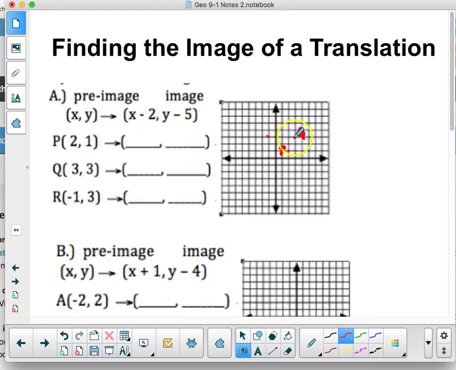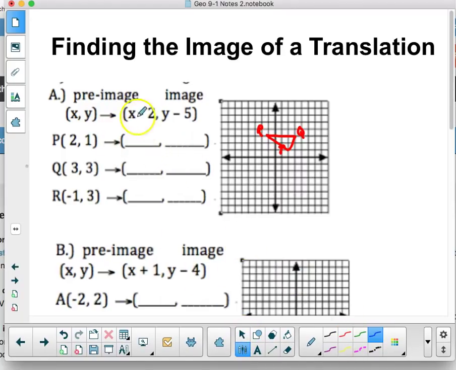So now I have this figure, and this is my R, and I'm asked to put it someplace else in the grid.